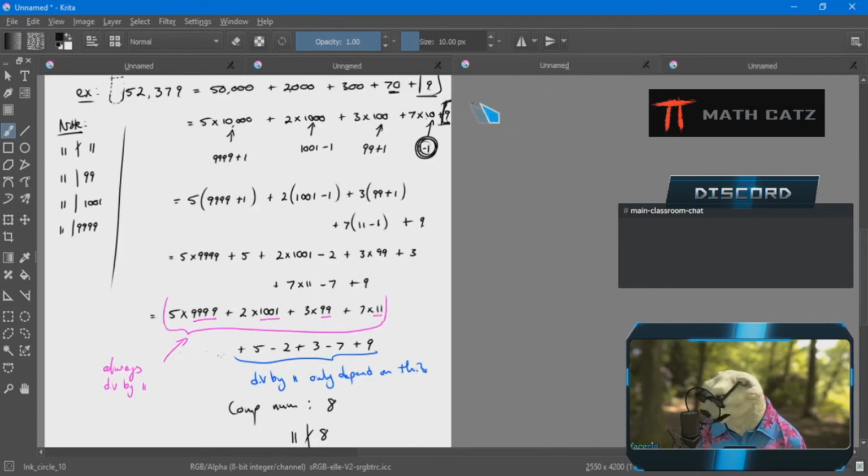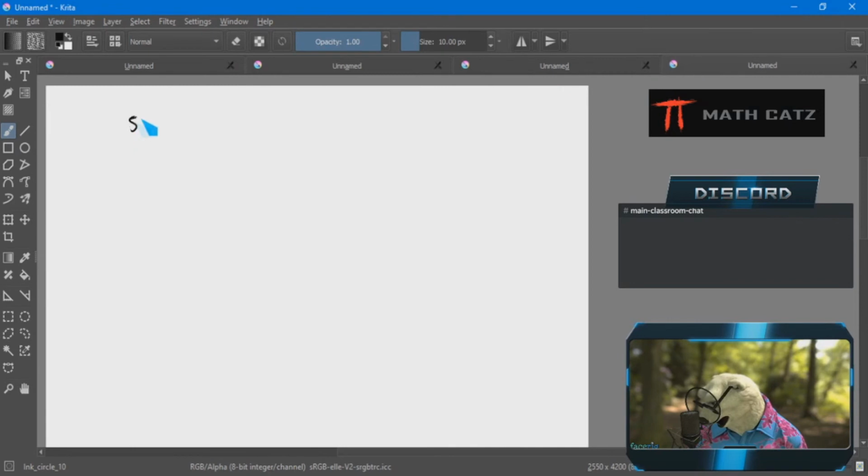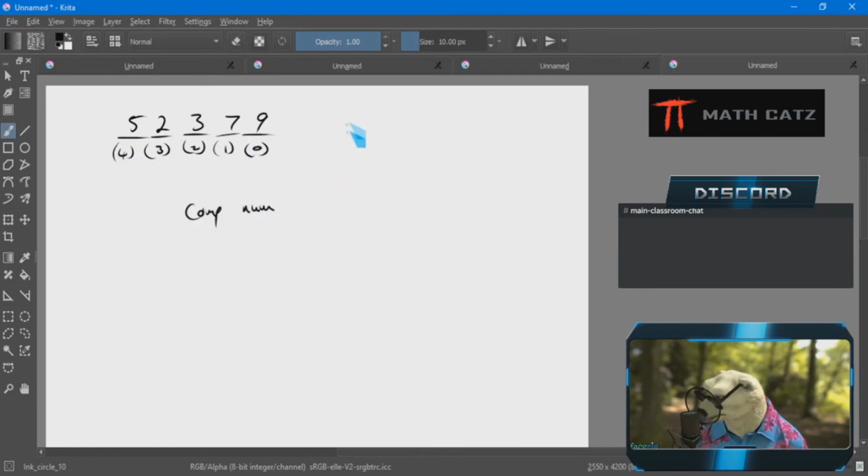What was my example here? 52379. My decimal positions were 0, 1, 2, 3, and 4. My comparison number, starting from the right, 9 minus 7 plus 3 minus 2 plus 5, and it'll continue if there were more. So, the test for 11.